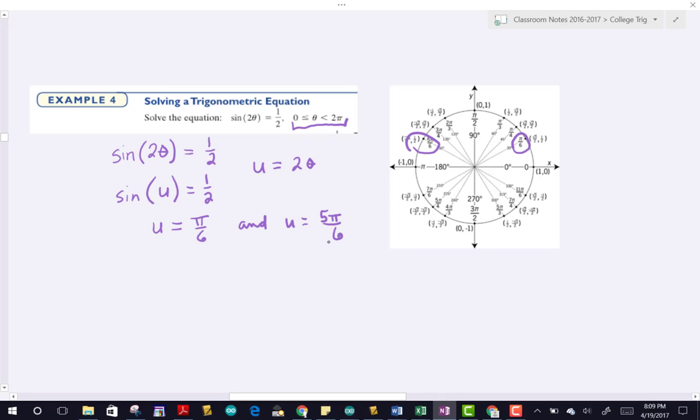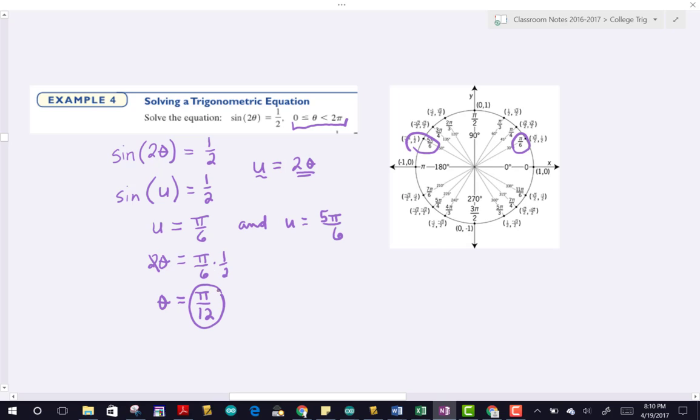But I'm not finished yet because I haven't solved for theta. So I'm going to replace u with 2 theta. So 2 theta equals pi over 6. If I divide both sides of this by 2 or multiply both sides by a half, the 2 goes away, and I get theta equals pi over 12.